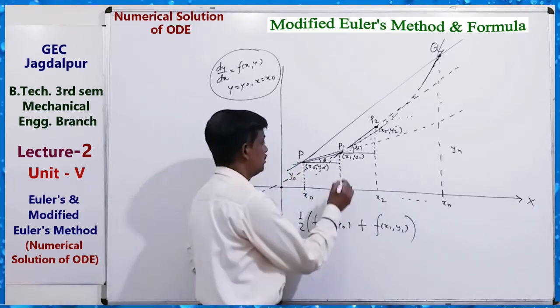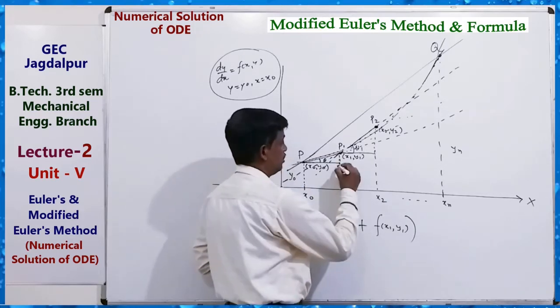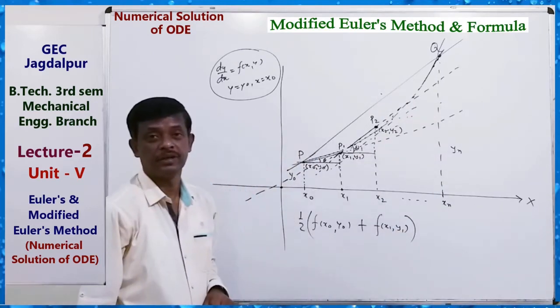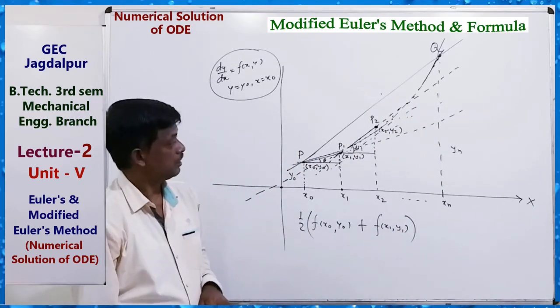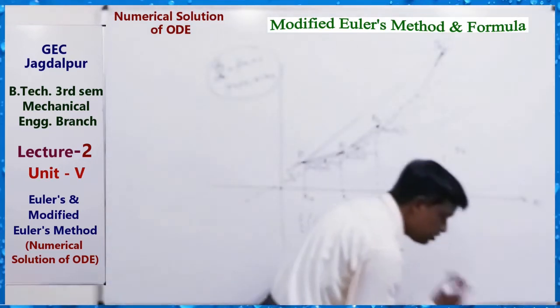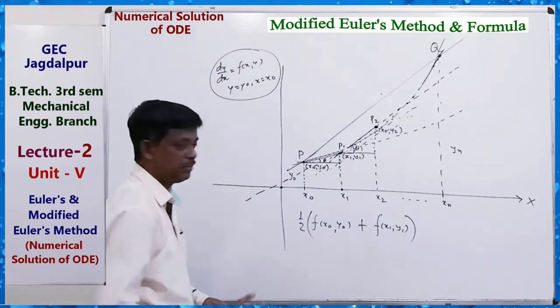That means from here we can draw a line parallel to this line. Clear? Just we can suppose this type of method.